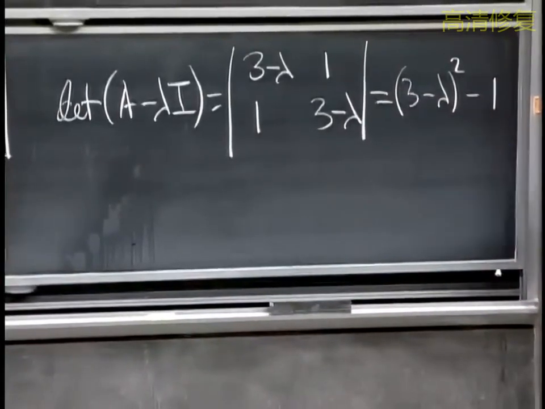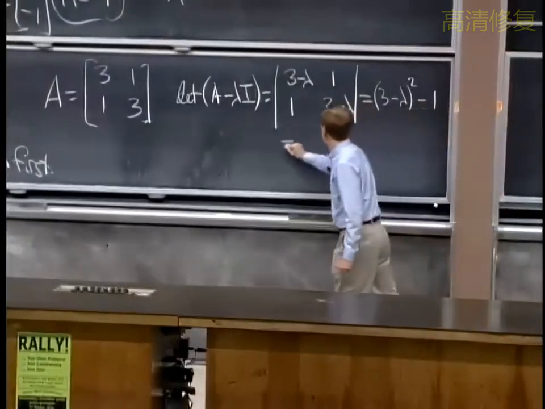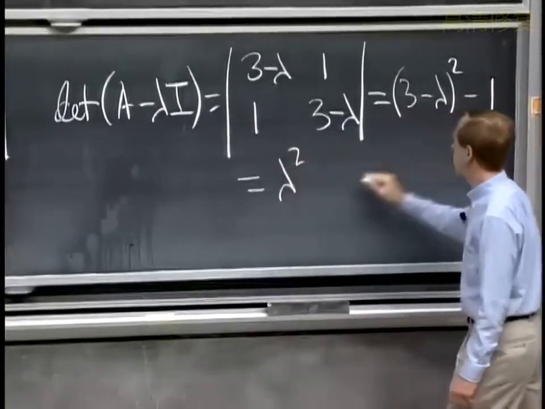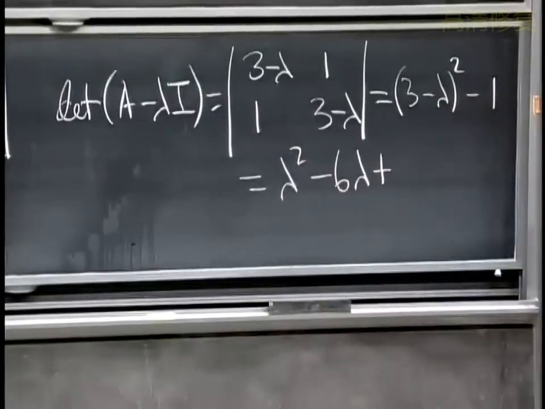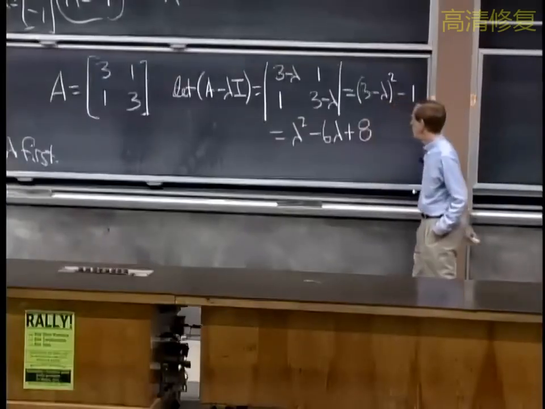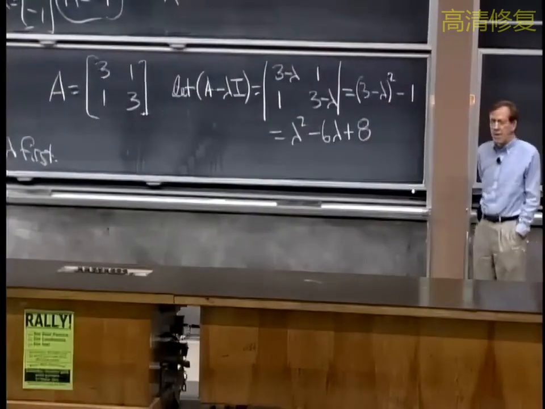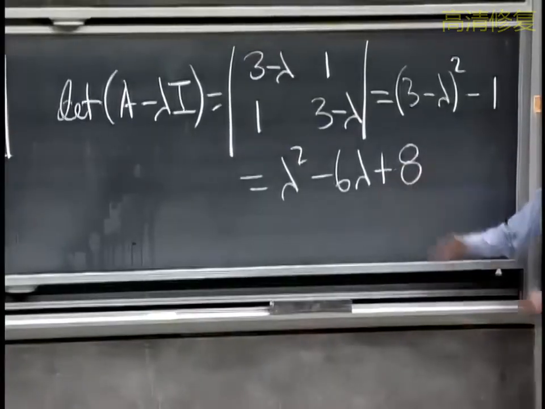Well, I'm going to simplify it. If I multiply this out, I get lambda squared minus 6 lambda plus 8, and I'm going to set that to 0 and solve it. It's a quadratic equation. I can use factorization or the quadratic formula.